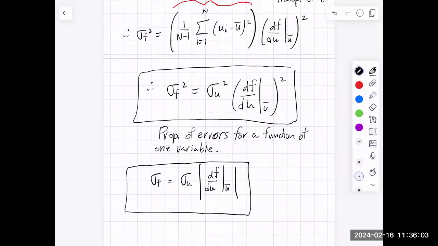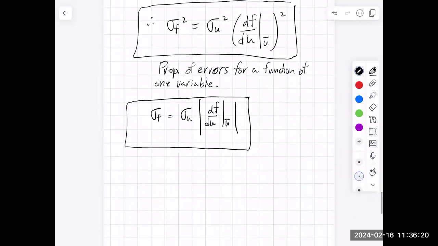Okay, but what I want to do, of course, is move on to functions of more than one variable. Before we do that, what I'd like to do is see if we can interpret what this is actually meaning. So let's suppose that what we have here is a plot of our function f of u, and here's u.